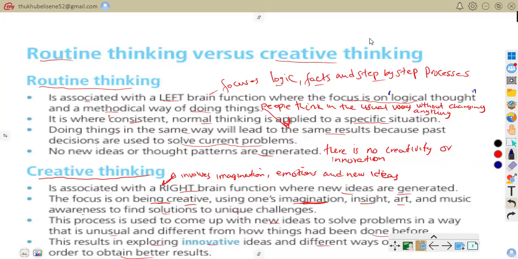Routine thinking focuses on logic, facts, and step-by-step processes.